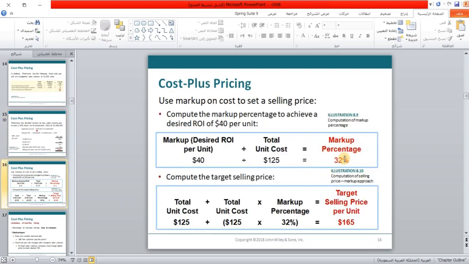So the markup percentage is 32% from cost. Total unit cost plus the markup gives us the total selling price. Total unit cost 125 plus markup 125 times 32% equals $165.